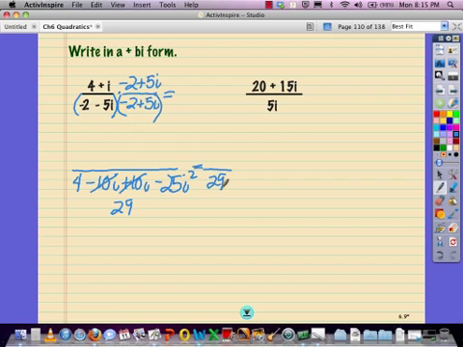Now let's go ahead and multiply the top. You're hopefully noticing that they are not conjugates, so we're probably going to have some things left over there. But we still should be able to do some simplifying. So first times first, negative 8. Outsides, 20i. Insides, negative 2i. Last times last, plus 5i squared.